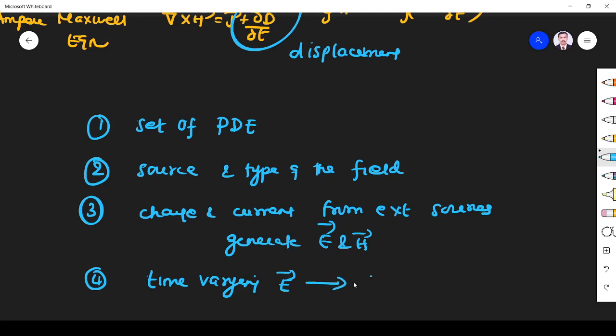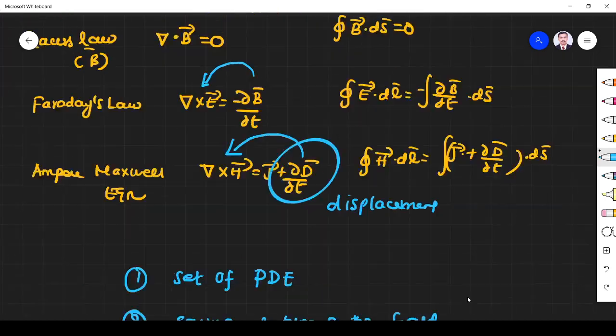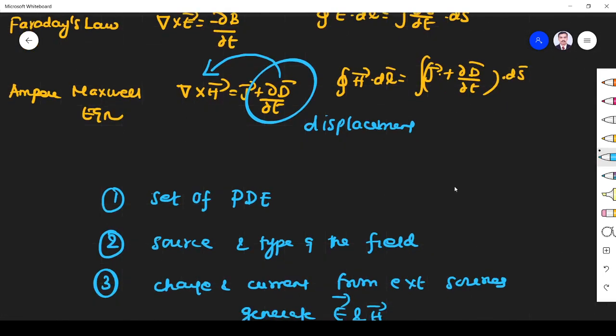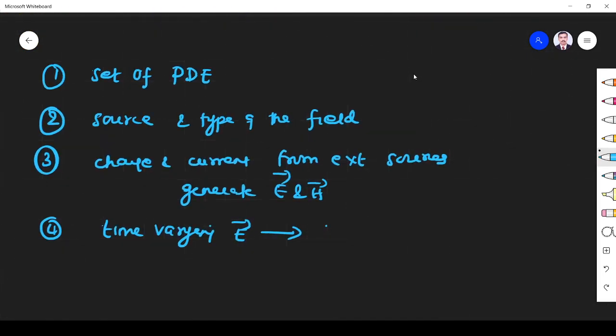We know del cross H is equal to, you see here, time varying electric field will create change in magnetic field. So E creates H, time varying E creates spatially varying H, right or no?